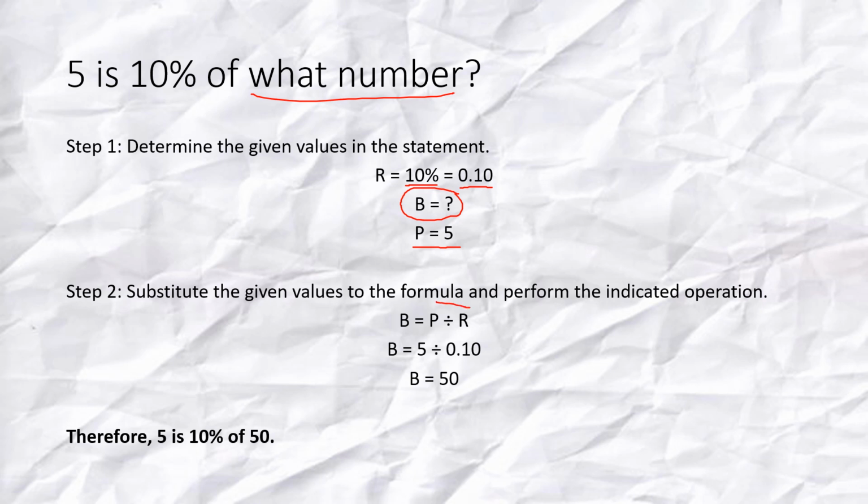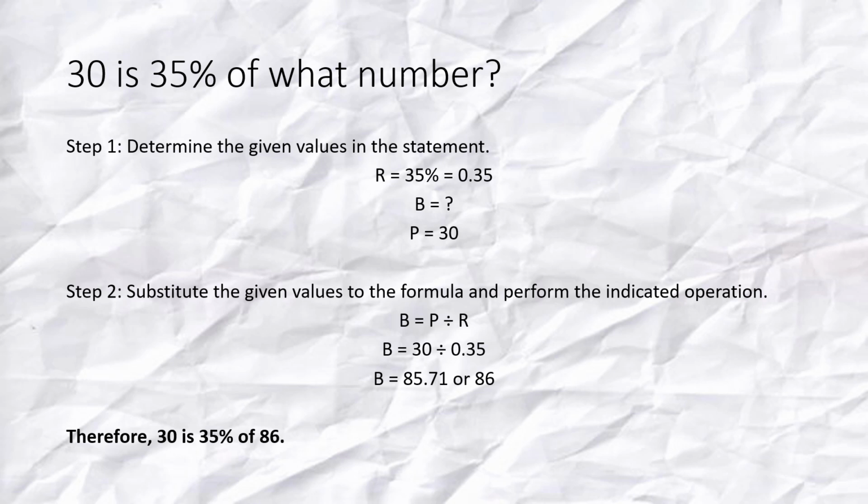We use the formula base equals percentage divided by the rate, or B equals P divided by R, where P, which is your percentage, is 5 divided by the rate given, which is 0.10. So 5 divided by 0.10, that is 50. Therefore, the base is 50 and 5 is 10% of 50.